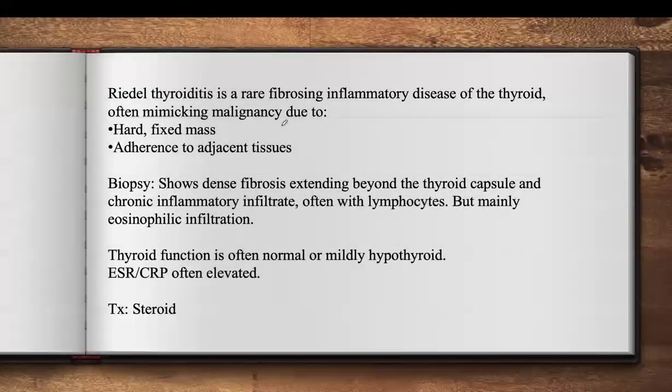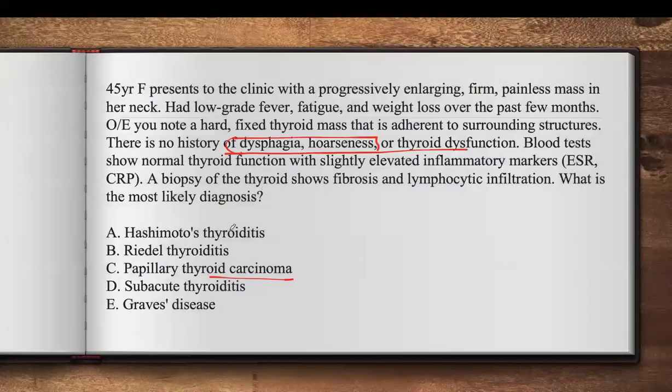So we come back to our options. Why is it not Hashimoto's? Let's dissect the options. With Hashimoto's thyroiditis, most of the time they will come to you with hypothyroidism, because it is the most common cause of hypothyroidism. But in this patient, thyroid function is normal.